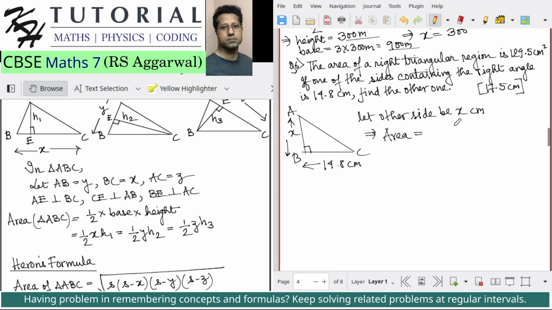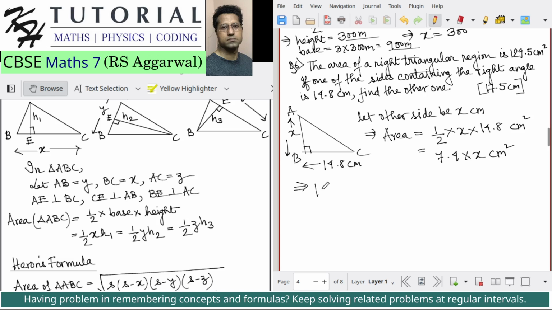So this implies area of the right angled triangular region is equal to half multiplied by x multiplied by 14.8 centimeter square, which is equal to 14.8 divided by 2 is 7.4 multiplied by x centimeter square. Now the area of the right angled triangular region is already given to be 129.5 centimeter square.